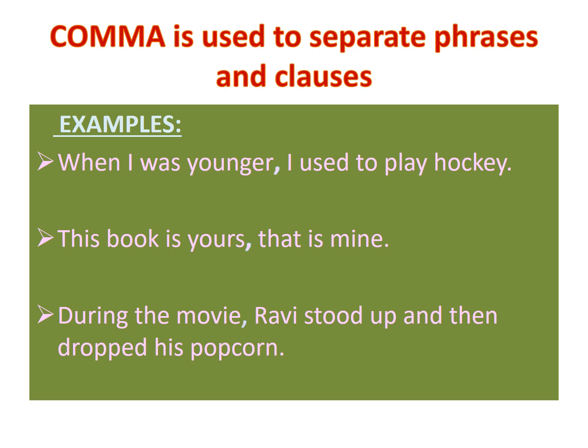Some other places where the comma is used are in numbers and dates. The comma is used to introduce a direct address or quote, and it is used to give extra information about the subject.